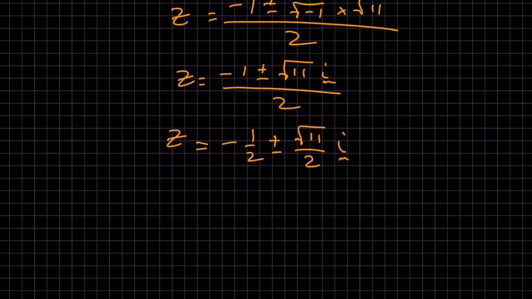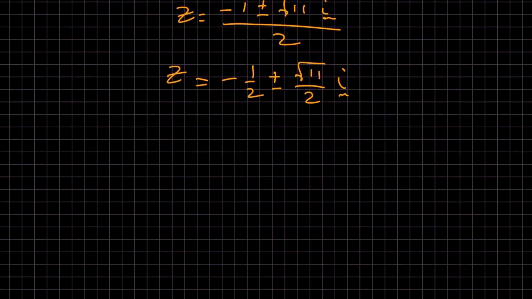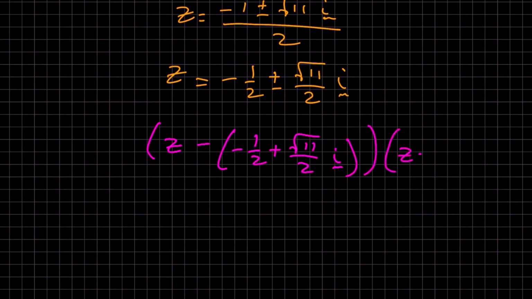And if we wanted to factorize this equation, well, we already know our solutions, so putting this into our factorized form should be very simple. So this would be z minus negative a half plus square root of 11 over 2i and z minus negative a half minus square root of 11 over 2i.